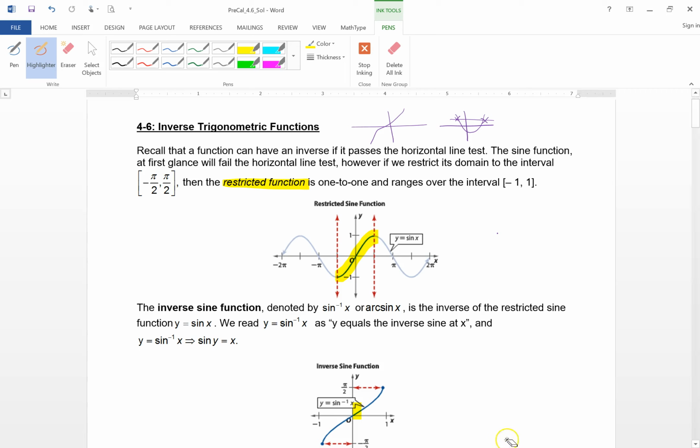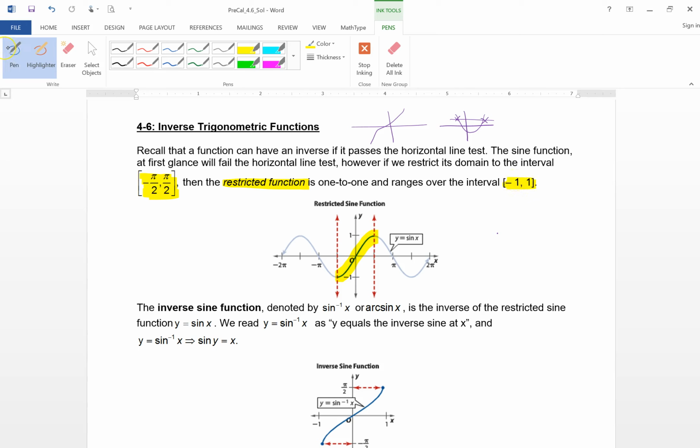Okay? So what we do is we restrict the domain. In the case of the sine, the domain is restricted between negative and positive pi over 2. Okay? When we do that, the range is still negative 1 to 1.